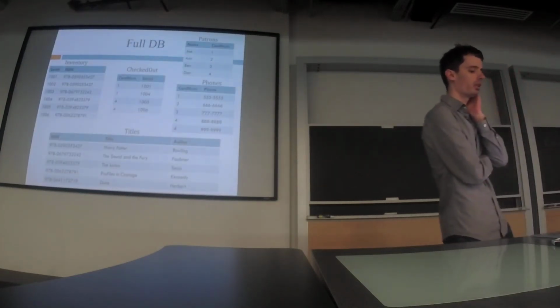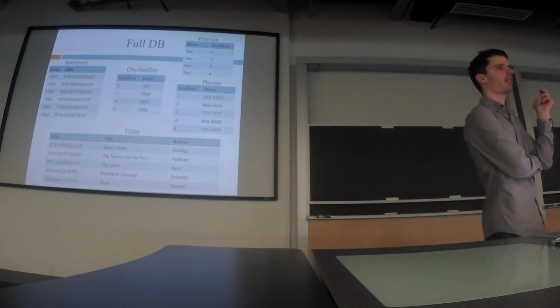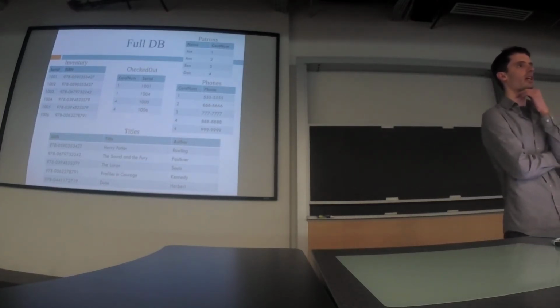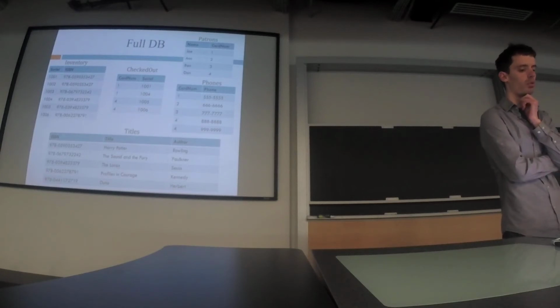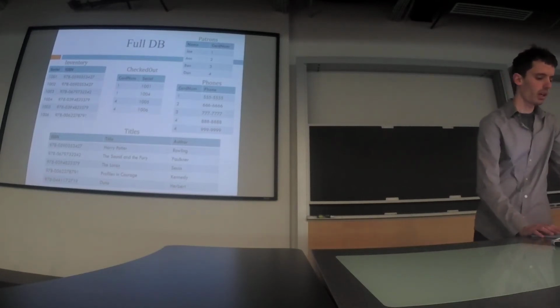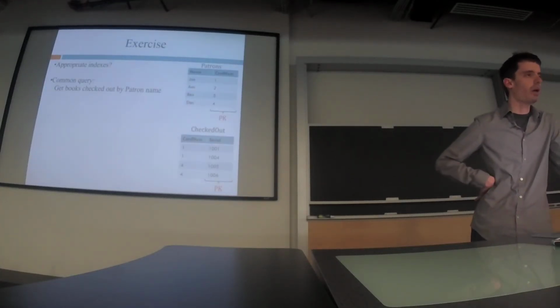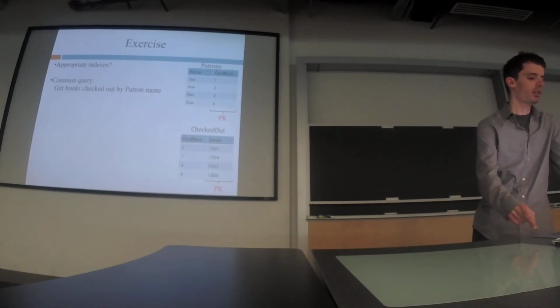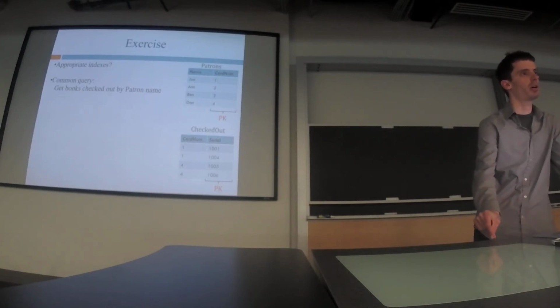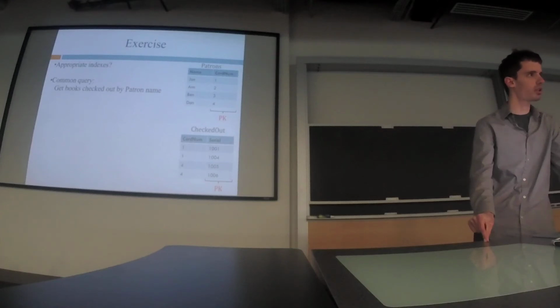Okay, so going all the way back to this library example, we're going to look at where we need indexes for certain kinds of queries. So I want to know what the appropriate indexes are if my common query is to get all of the books checked out by a certain person by name. So we know the person by name and we want to get all the books checked out.